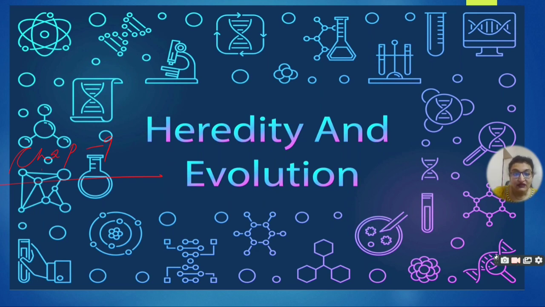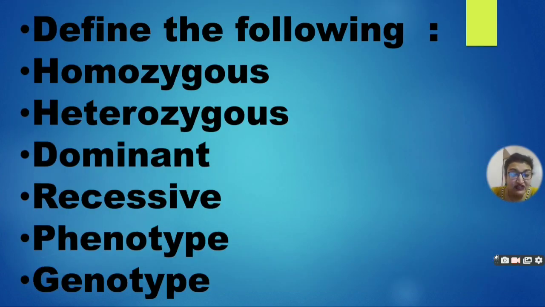So let's begin with the major topics. The first few things that you should know before starting the chapter, heredity and evolution, are the major basic definitions: what is homozygous, what is heterozygous, what is dominant, what is recessive, what is a phenotype, and what is a genotype.